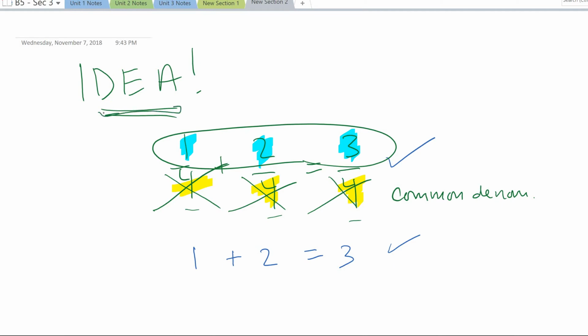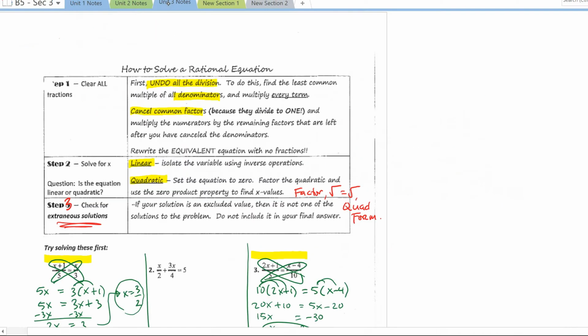So that's the idea. One more time. You make equivalent fractions so that everything has the same denominator. Once you do that, you can add up the numerator and completely ignore the denominator. And that's the strategy if you have a problem that's not going to be cross multiplied.